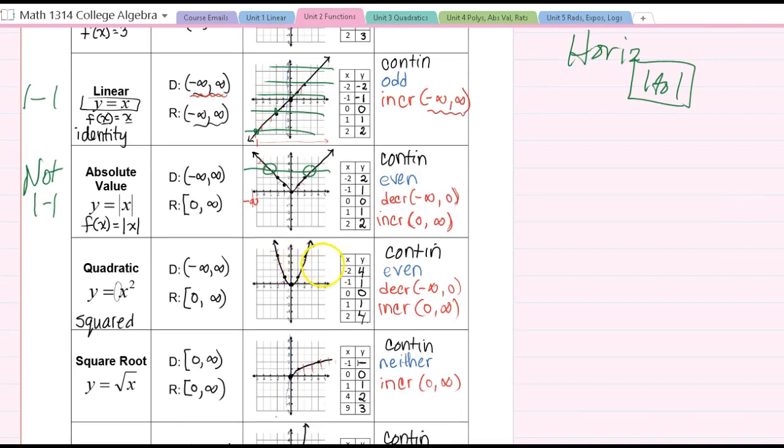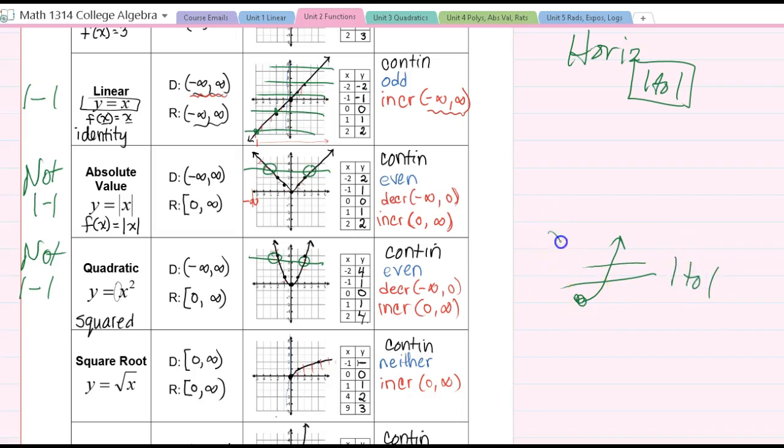Quadratic has the same problem that we have with our absolute value, that we actually get 2 points. So the way it's written like this, it is not one-to-one. But what we're going to find out is that if we had our quadratic function like this, and we restricted the domain so that we only looked at half of it, then we're going to see that it now passes the horizontal line test, and this is one-to-one.